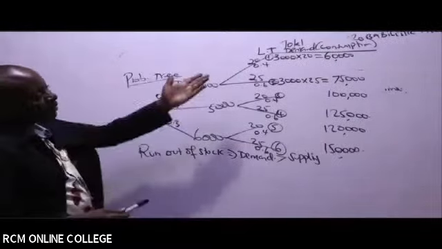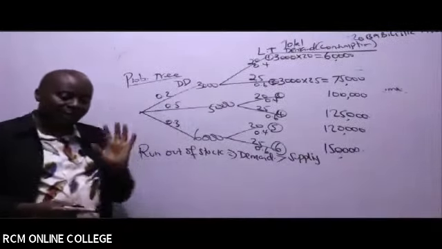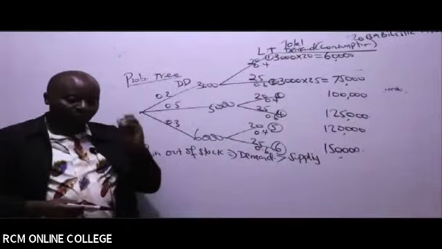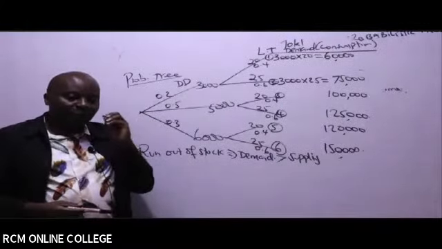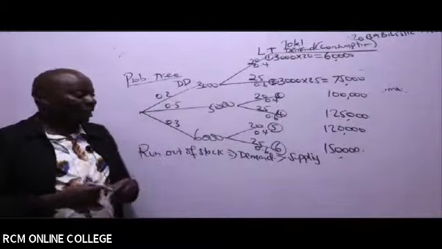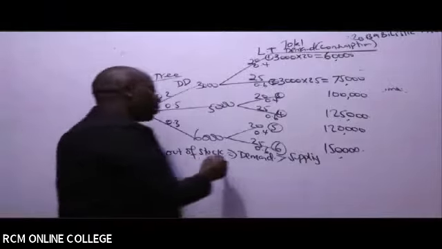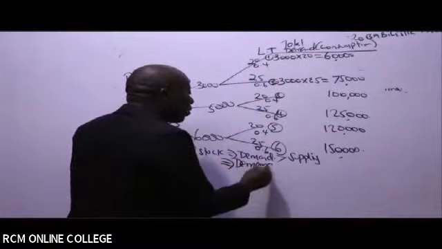So demand, the possibilities are there, but supply, how many units have we supplied, my good students? What is our supply? During this lead time, we supplied some quantity plus buffer.